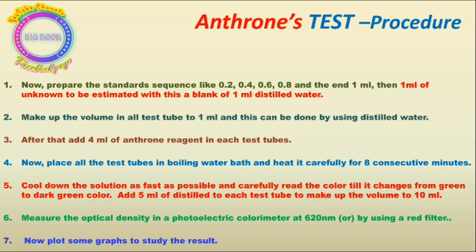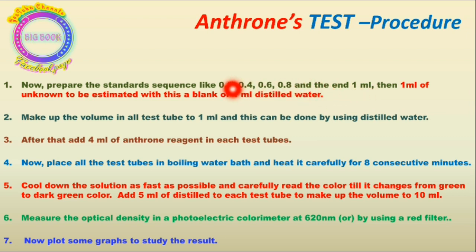After that there will be 0.2 ml of the working standard solution in one test tube, next 0.4, next 0.6, next 0.8, and last 1 ml. The first test tube will always be the blank, containing distilled water equivalent to the last test tube's volume.